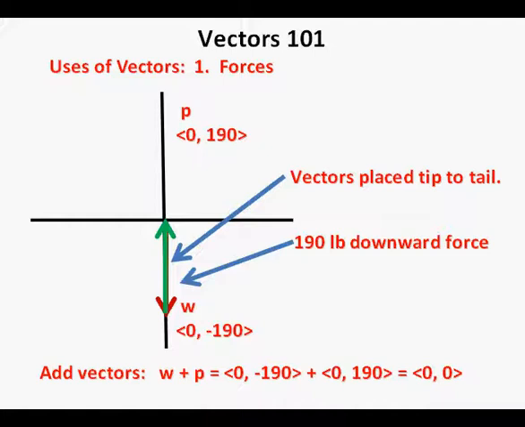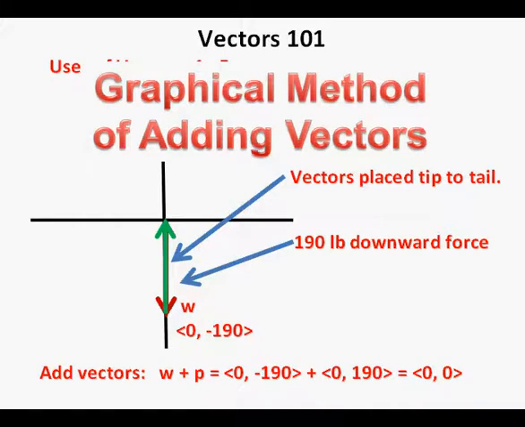This is an almost absurdly simple example, but in engineering we can use the same principles to support bridges and other structures, to account for forces or likely forces on structures to be certain these structures are supported to where they are stable. This is called a graphical representation or method of adding vectors. And we box in our answer that vector W plus vector P equals 0, 0 in angular brackets.